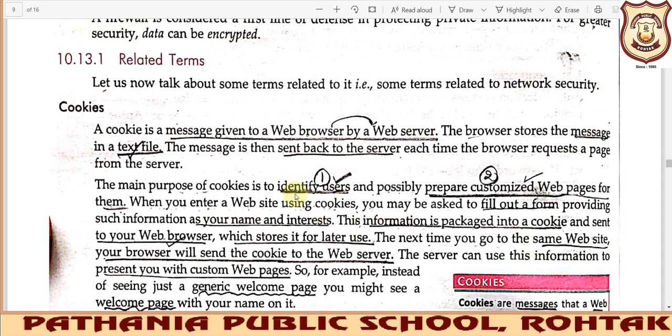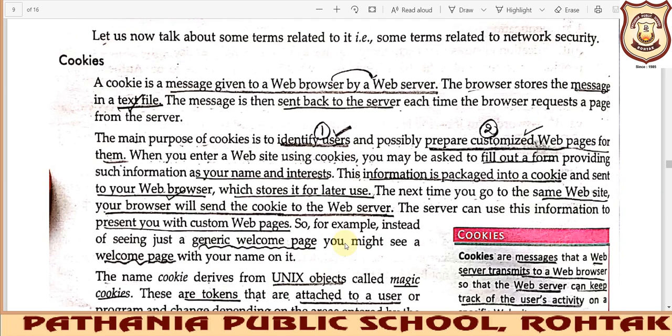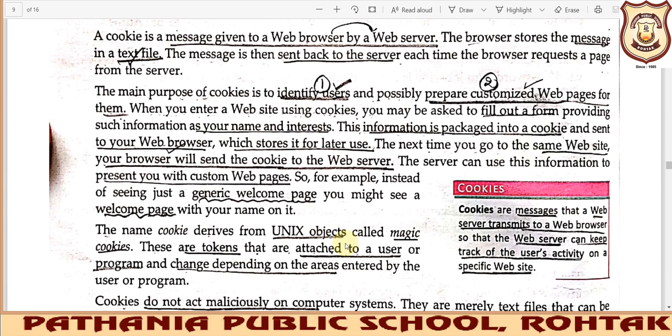They identify you and customize the web pages according to your preferences. They are never harmful, they are just filling out a form according to your name and interests. They are never looking inside your hard disk, never interfering with your personal material there.